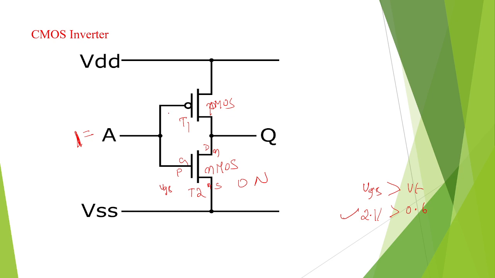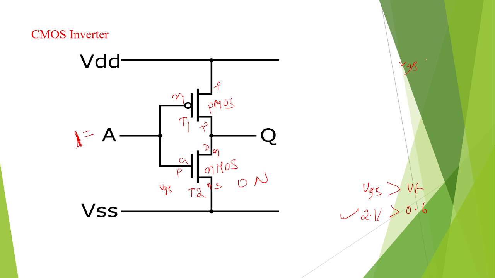But here it is 1 to negative. PMOS means a PNP transistor. So VGS is not sufficient here, because 1 to negative means it is reverse bias. P to positive to negative, it is reverse bias.